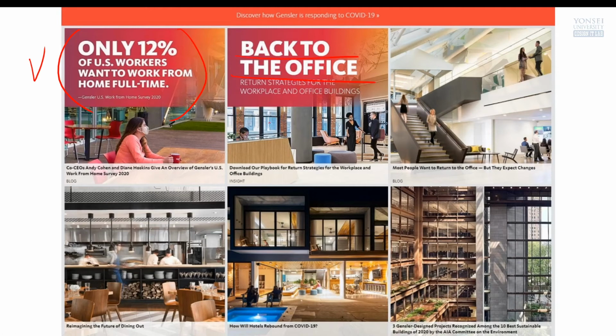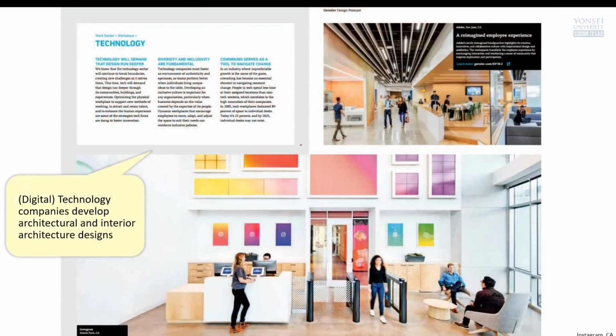I think there are some political issues involved in this webpage's article representation, but anyway, society grows, things change. By using Gensler's design forecast, I can quickly show you what's going to change in the near future.